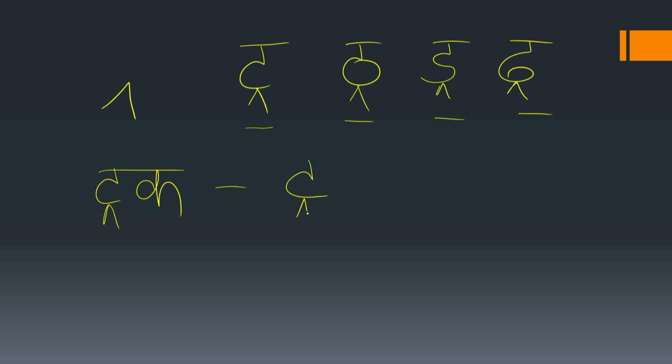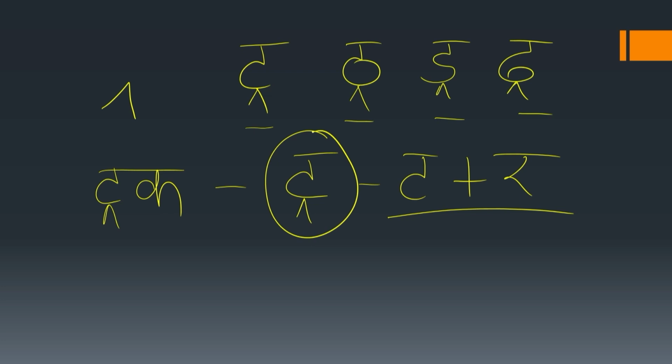So here it's T plus R. These two consonants give us this tr, and you will use this symbol. Next is d, drum, which means drum in English.